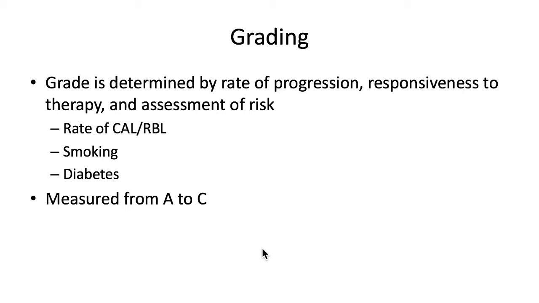So grading is a dynamic measurement, how things are changing over time. And it aims to indicate the rate of periodontitis progression, the responsiveness to their therapy, and potential impact on their systemic health. So this one is measured from A to C, from slow to rapid.